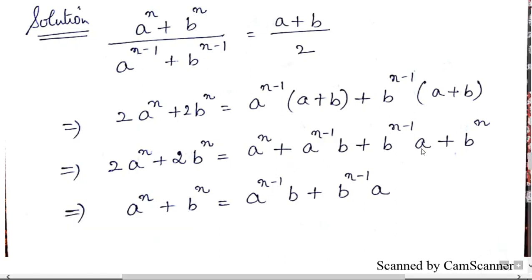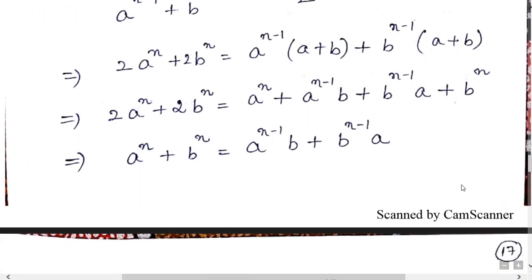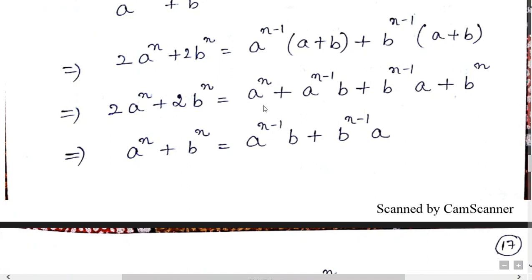It's b raised to power n minus 1 into a, then b raised to power n. Now subtract a raised to power n in left hand side. It's a raised to power n. The second term is b raised to power n. What about these terms? a raised to power n minus 1 into b and b raised to power n minus 1 into a as it is.